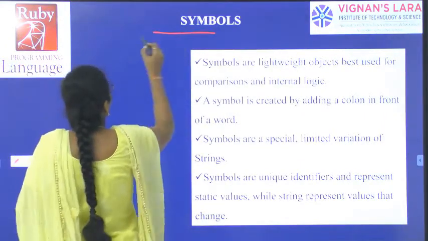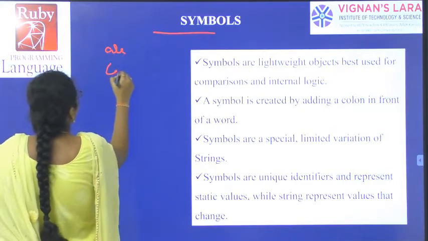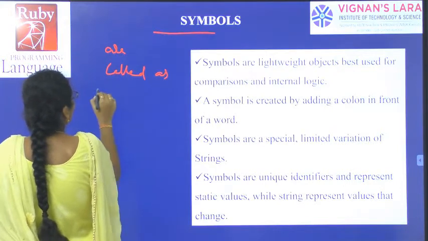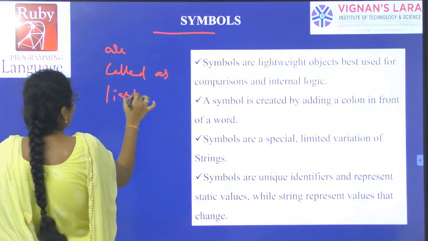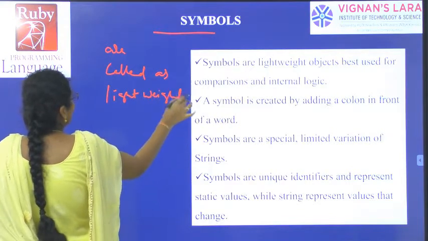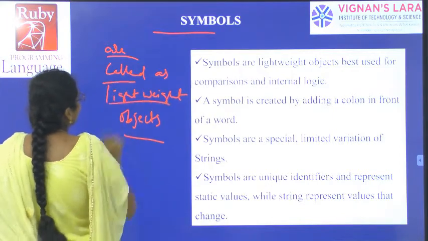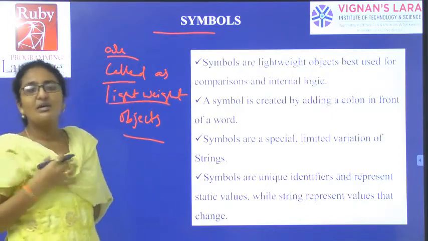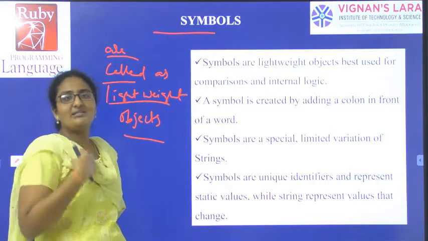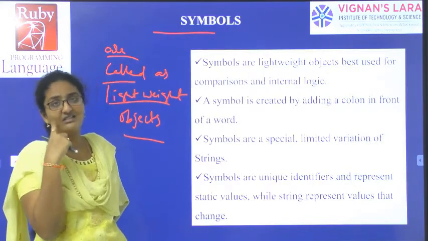Symbols in Ruby programming are called lightweight objects. You already know what objects are in Java, so I am not repeating the concepts of objects again. In Java you know what an object is, what a class is, how to create a class, how to create an object.